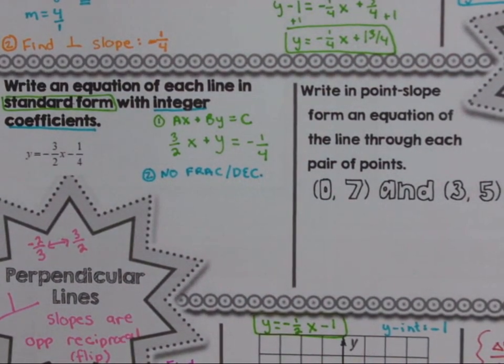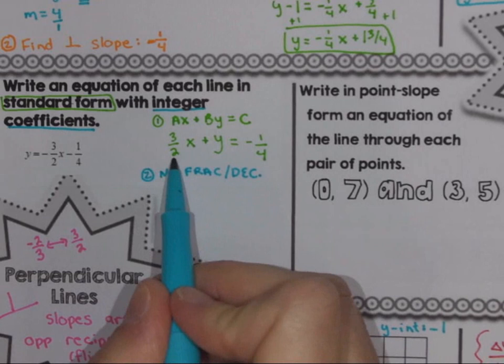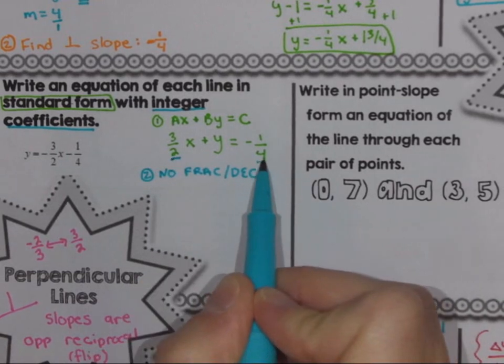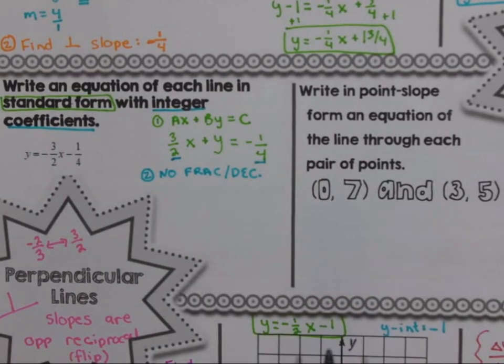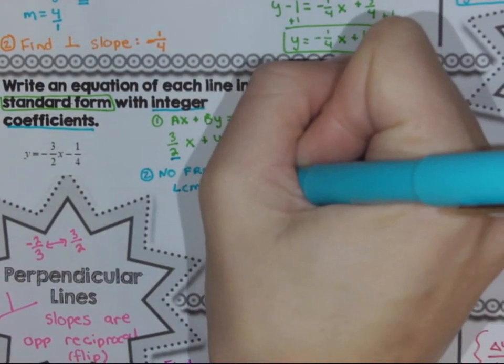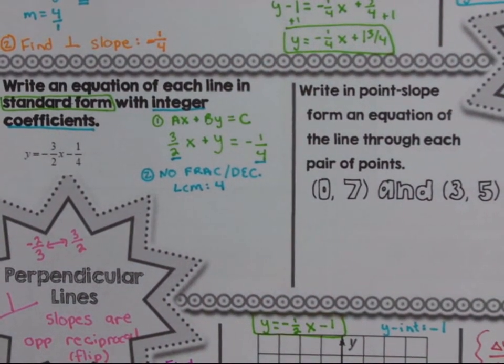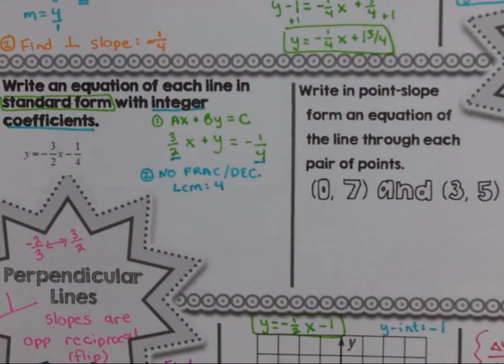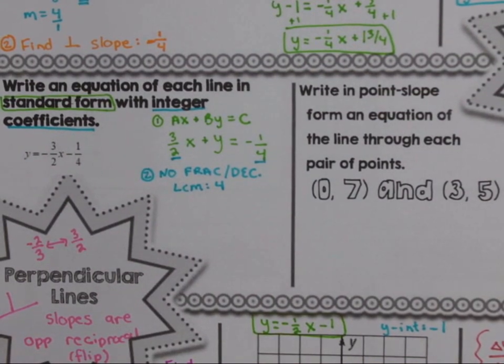So we need to get rid of the denominator here. We want the smallest number that both of the denominators can go into. So we have the number 2, we have the number 4. We are going to find the LCM to be 4 because 2 and 4 both go evenly into 4.